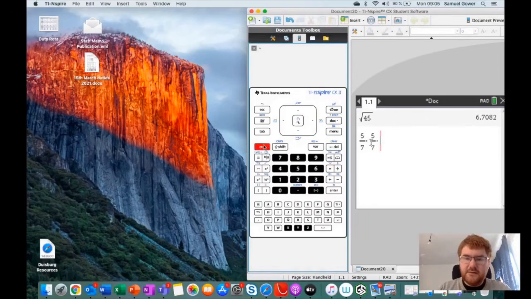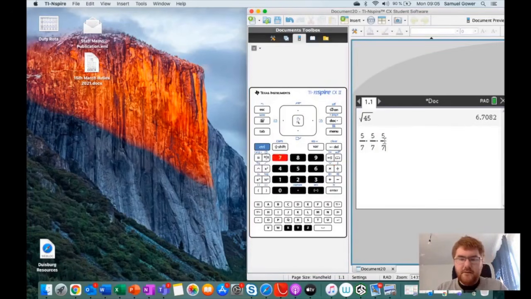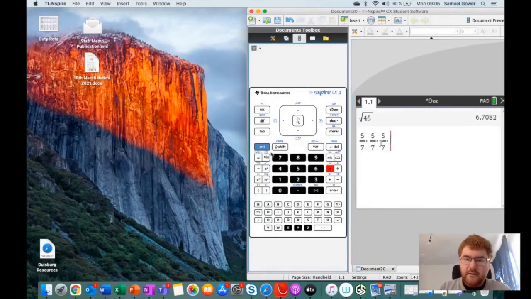And the key thing here is just not to make a mistake. 5 over 7. We've now got to our 4th try. 5 over 7. Weird question, I haven't seen a question like this on iGCSE. And then 2 over 7. We get some horrible big fraction. There we are.